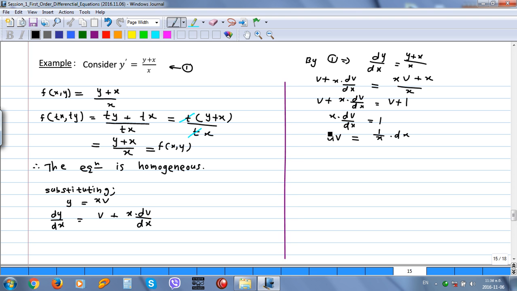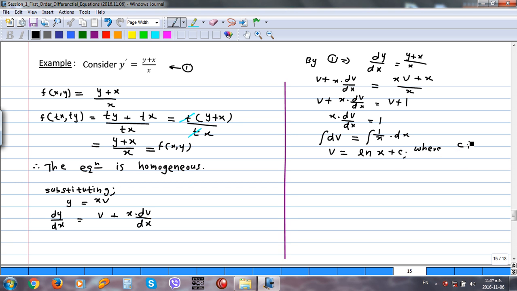So you can integrate this one. Then v = ln x + c, where c is an arbitrary constant. And we can substitute back for v, since y = vx means v = y/x.